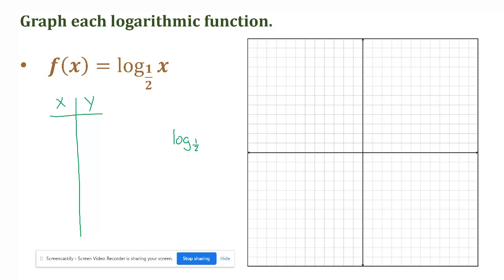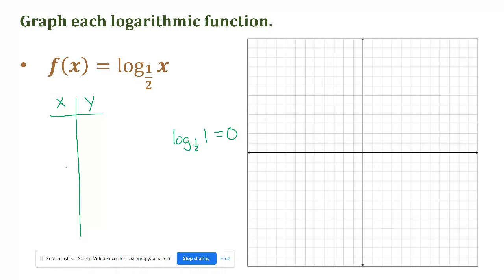And again, we are going to start with 1. And the exponent that always gives us 1, because remember, the answer to these log equations is always the exponent. 1/2 to the 0 power gives us 1. So when we plug in 1, we get a 0. All right, now we're going to use the number itself.